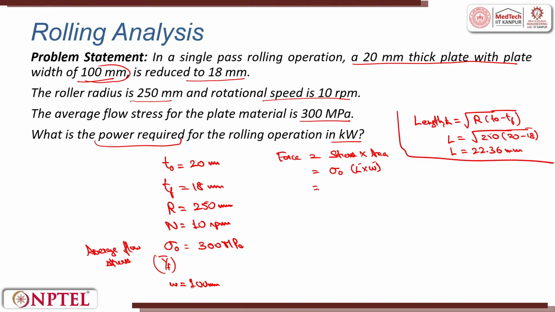So, I will put this value here. Sigma naught is 300, length is 22.36 and width is 100 millimeters. The force that is calculated here is 670,800 newtons.